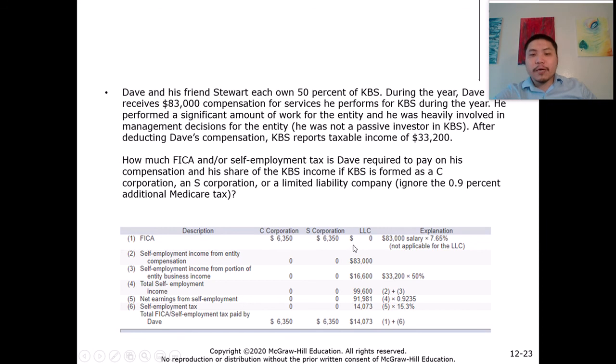But in the case of the LLC, this can be treated as a partnership. The company doesn't pay the FICA taxes for him, because all of the income flows through to his individual income. So Dave himself is now responsible for paying both the employer portion and the employee portion.